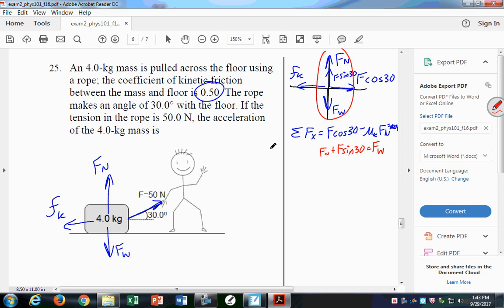And then I get to this. Because they're not accelerating in the y direction, those vectors have to be the same. And so I solve this for Fn, and I get 40 minus 50 sine 30. Oh, it's 15.